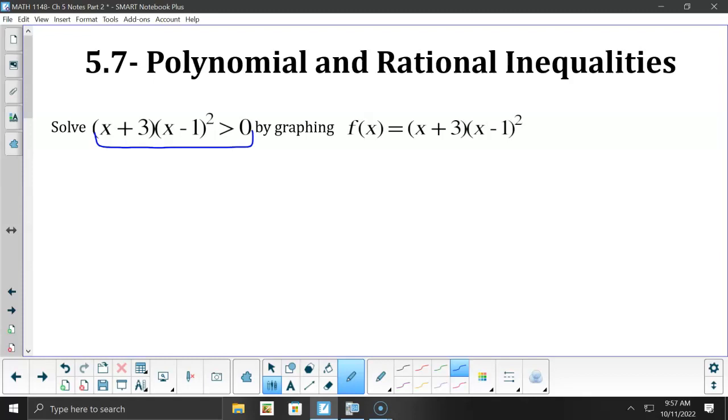We're essentially looking for where this is above the x-axis. Anytime it's greater than 0, I'm just looking to see where it ends up being above my x-axis. So shall we enter this on the right into the calculator and hit graph?